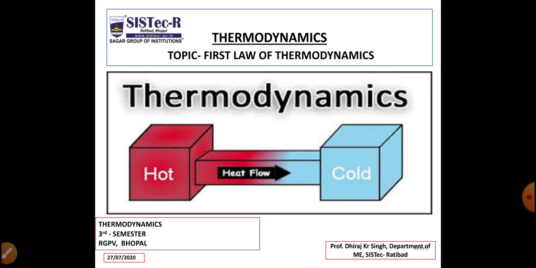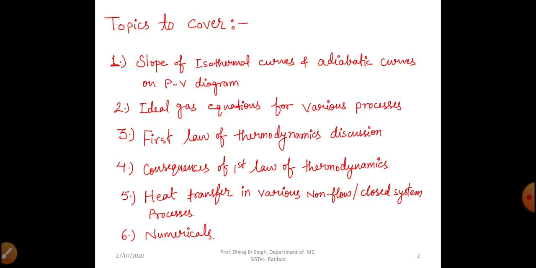Dear students, today we are going to discuss the basics of the first law of thermodynamics. First of all, let us see what topics we are going to cover today. The first topic is the slope of isothermal and adiabatic curves on the PV diagram. Our second topic is ideal gas equations for various processes.